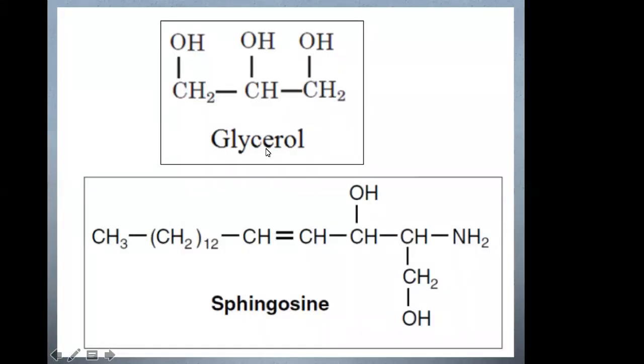This is glycerol, a 3-carbon compound. The alcoholic group in glycerophospholipid is glycerol, and in sphingophospholipid, the alcoholic group is sphingosine, which is an 18-carbon molecule.